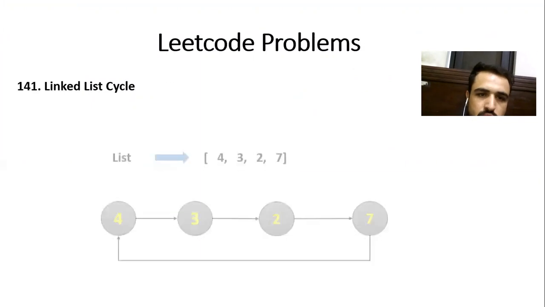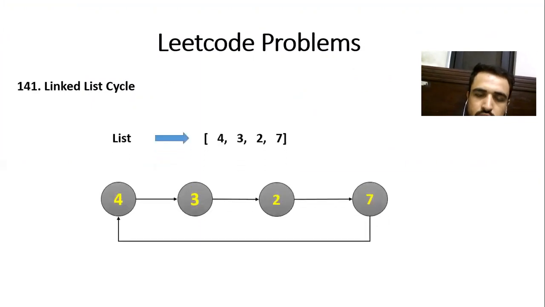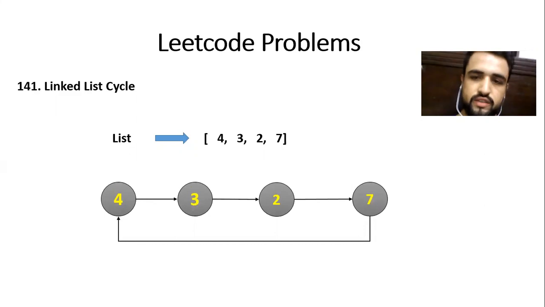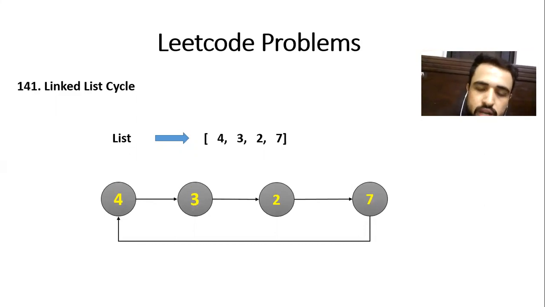So here the problem is about a linked list. Here we can see the list 4, 3, 2, 7, where 4 is the head node pointing toward 3, and this is pointing toward 2 and 7, and there is a cycle.